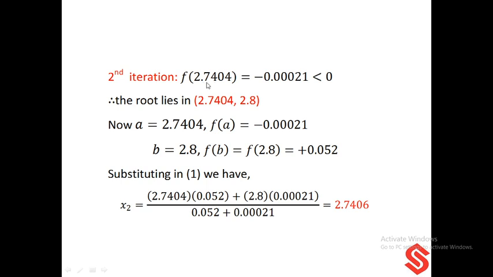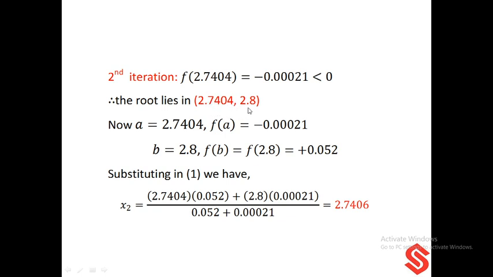Since f of 2.7404 is negative and already we have f of 2.8 is positive, a root lies in the interval 2.7404 and 2.8. So now let us take the values of a and b.